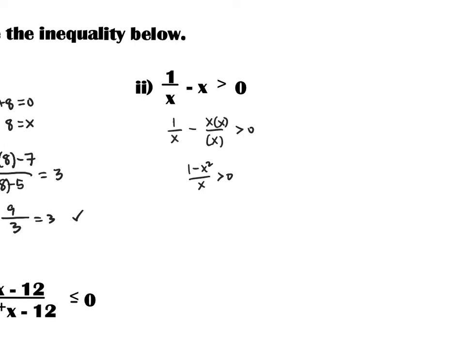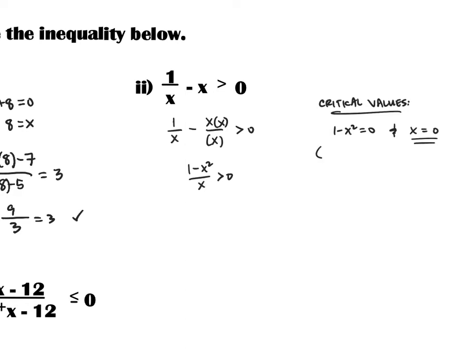So what we do here is we find the critical values. Those values exist where the numerator equals 0 and where the denominator equals 0. So I see I've got one critical value at x equals 0.